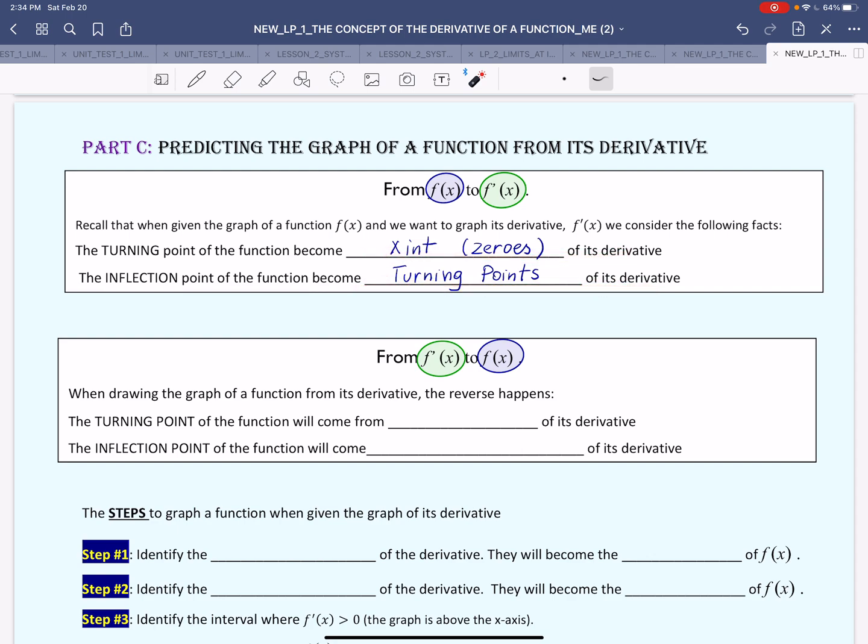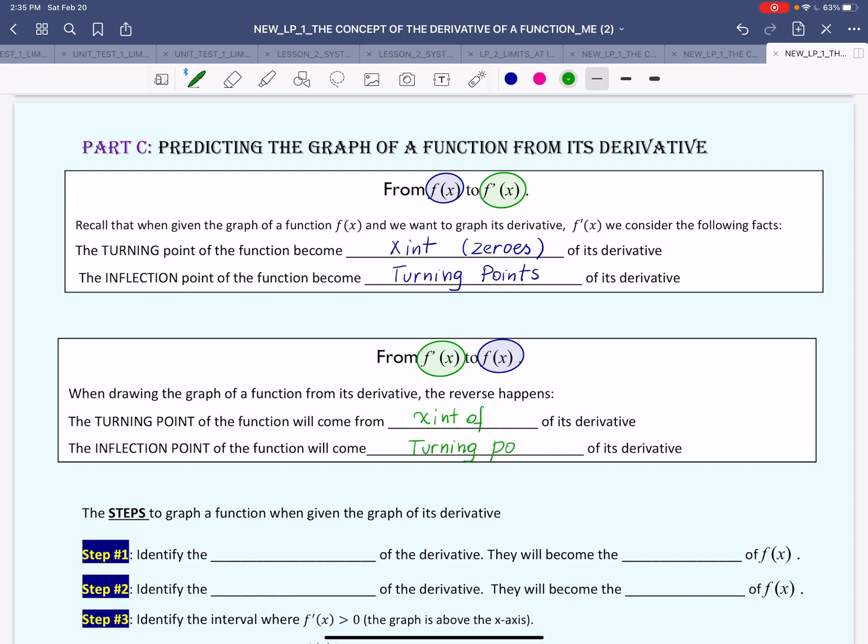Okay, so we are going to say that when drawing the graph of a function from the derivative, the reverse will happen. So the turning points of the function will come from where? The turning points of the function will come from the x-intercepts of the derivative. And the inflection points of the function will come from the turning points of the derivative.